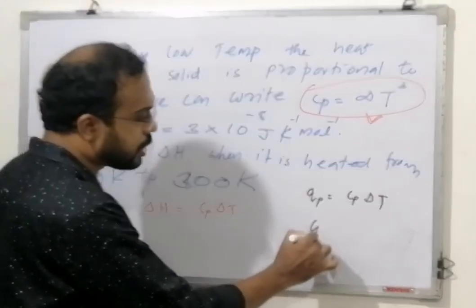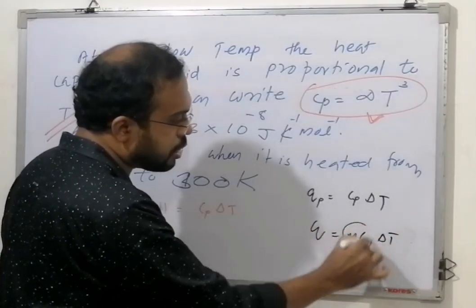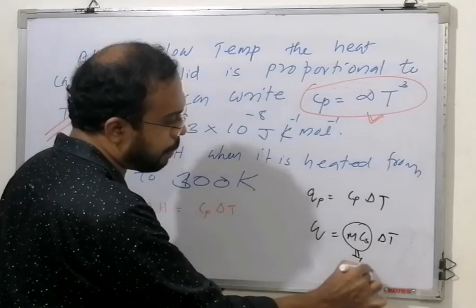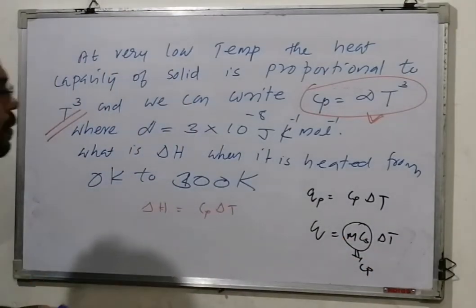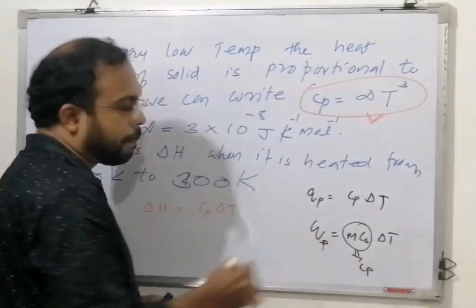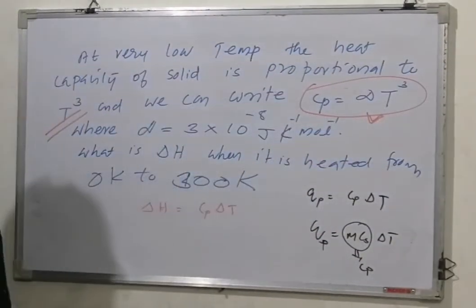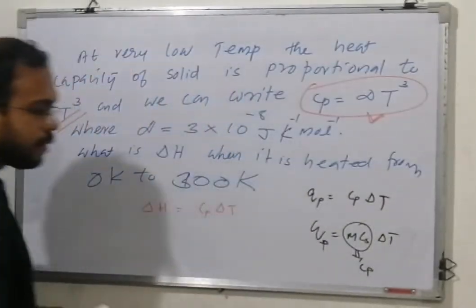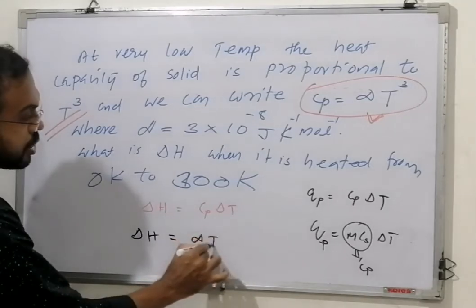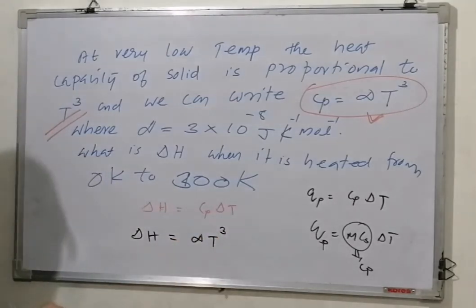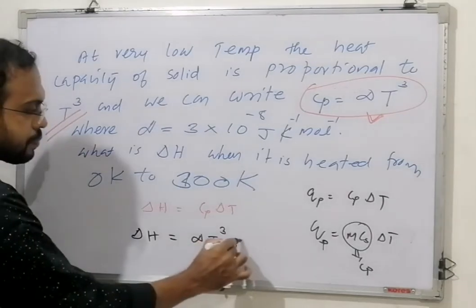This is equivalent to this equation: Q is m Cs delta T. This m Cs together is called Cp, the heat capacity of that substance, when it is Qp. Now delta H is equal to, what is Cp? Alpha T cube delta T.